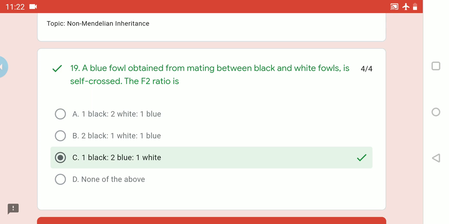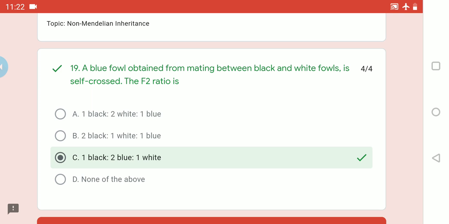The ratio. So it is just like, as I said, a deviation of Mendelian law. When we are doing the crosses, you should write down the blue foal obtained from mating. Blue we can compare to the pink color of the snapdragon. Then black and white: black is indicated by capital B, and white is indicated by small b.